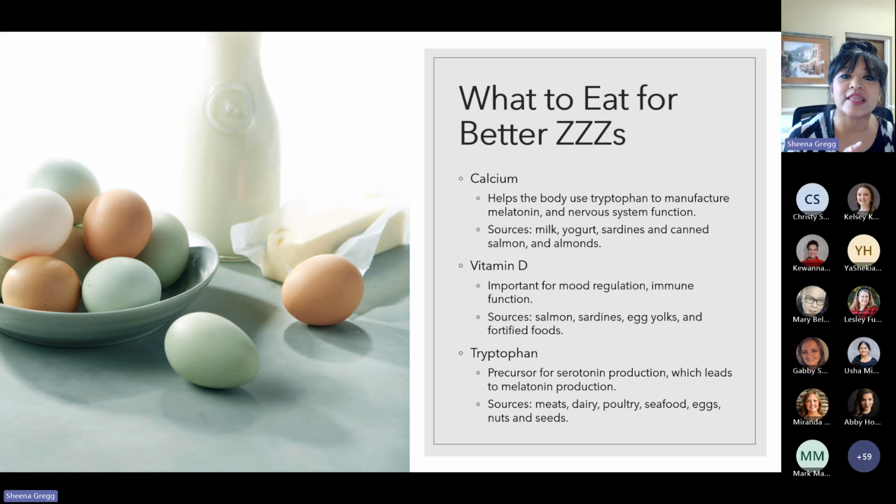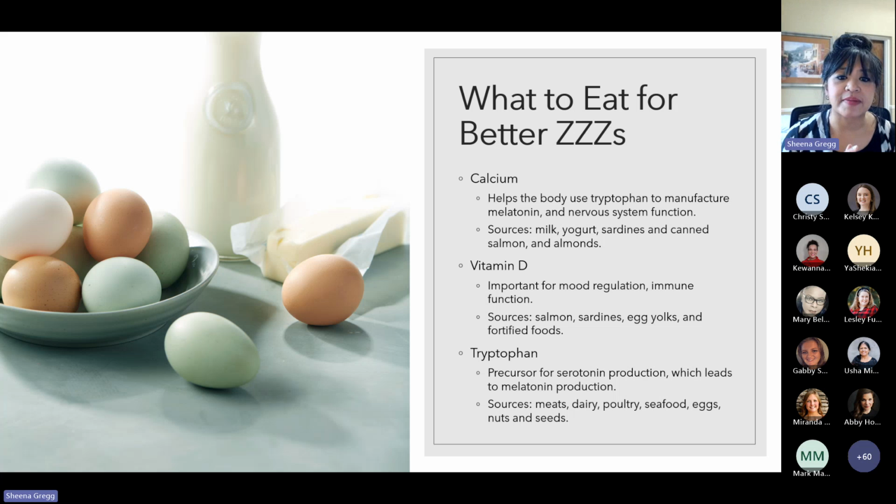And so, as we think about tryptophan and melatonin, we hear that a lot when we think about sleep. So, just jumping down to tryptophan really quick. The reason tryptophan is important is because it is a precursor to serotonin production, which leads to melatonin production.